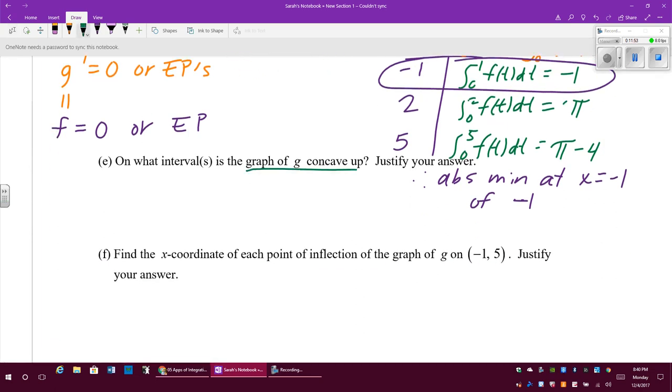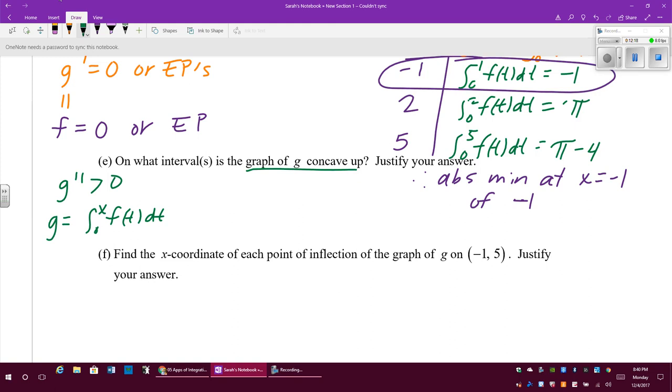When is the graph of g concave up? Well, if I want to know when the graph of g is concave up, I need to know about g double prime being positive, right? Well, let's think about it like this. We know that g is the integral from 0 to x of f of t dt.